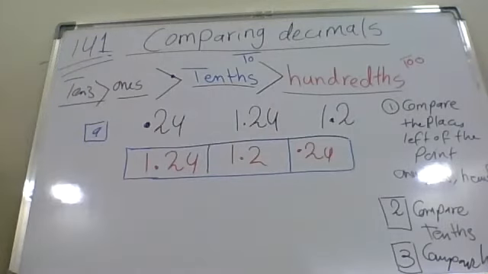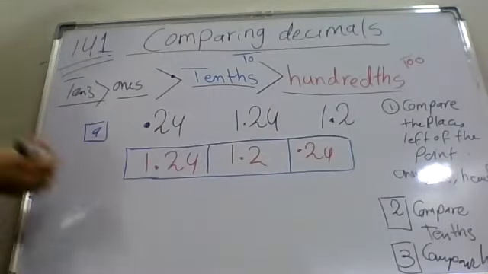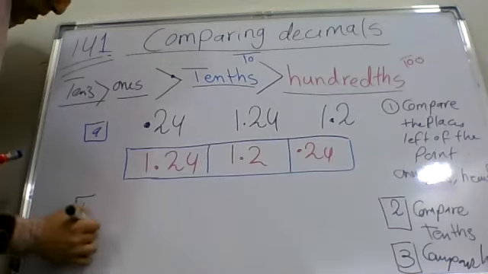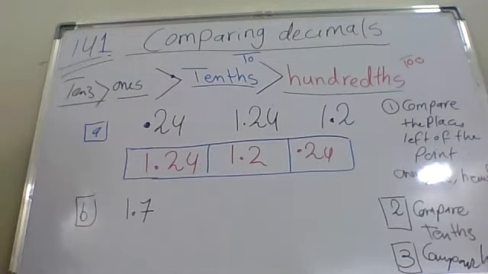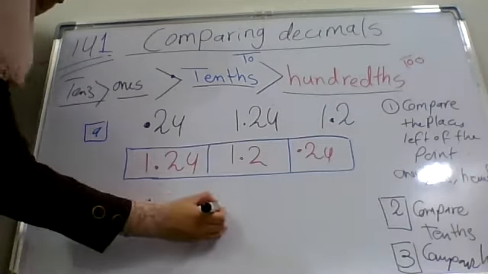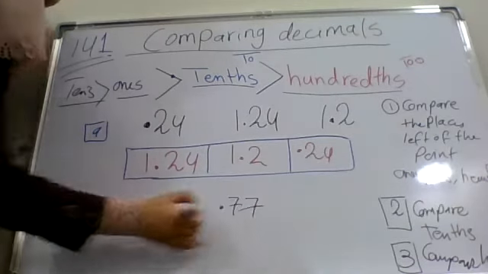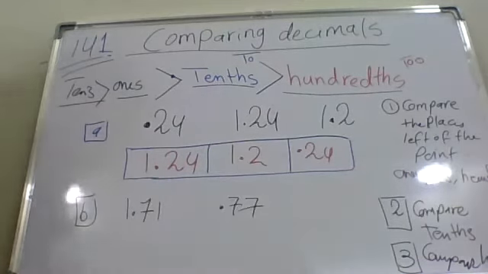Let's take a look at the next one. It's B, 1.7, 1.71, 0.77, and I have 1.07.